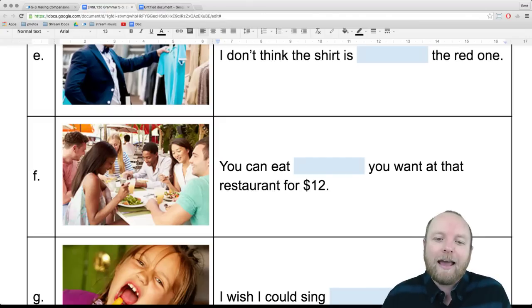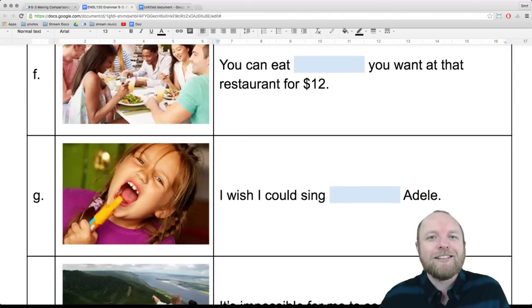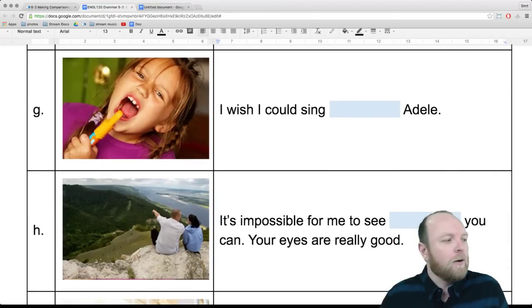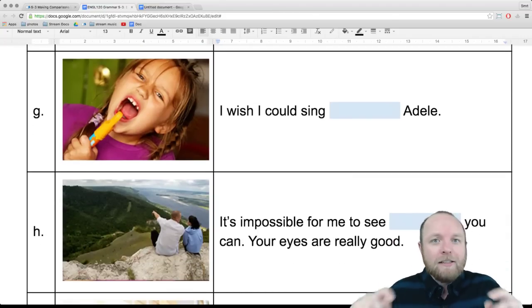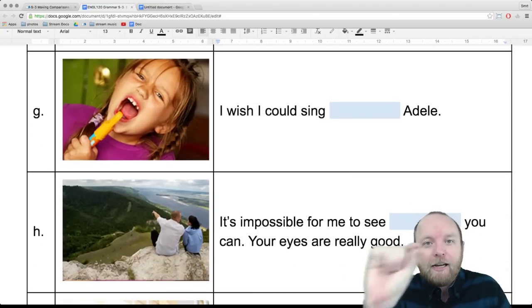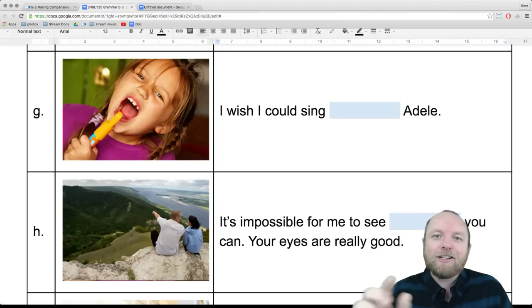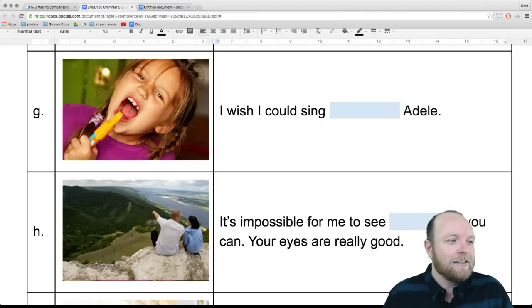So let's continue this exercise. You guys continue. Yen, please type the letter G answer. H answer. Okay, guys, let's continue the exercise a little bit. Okay, and I'm going to disappear again.